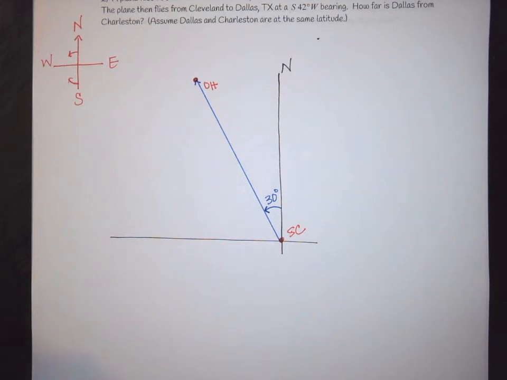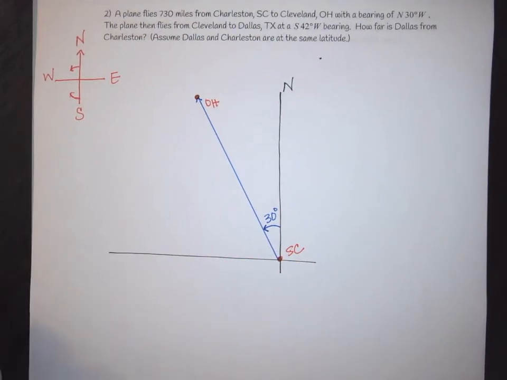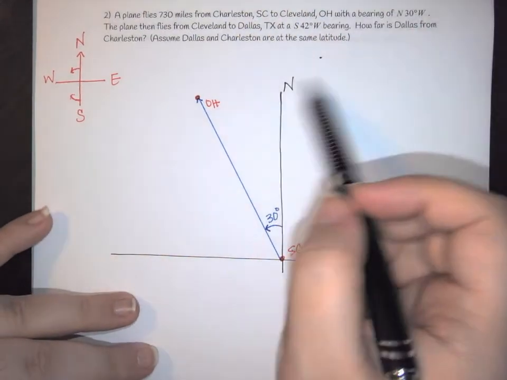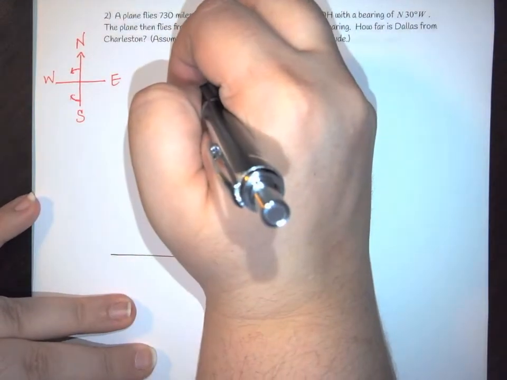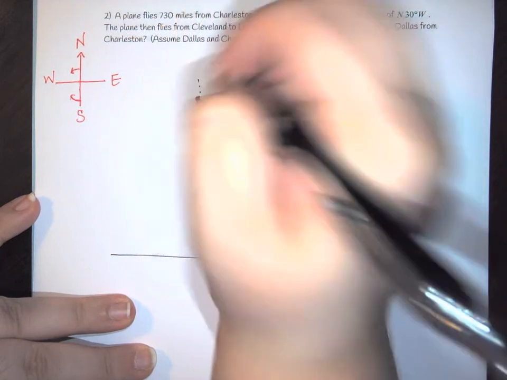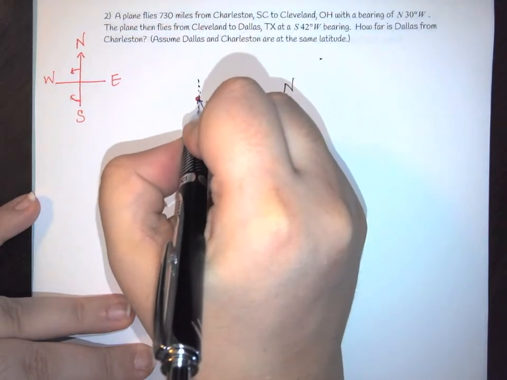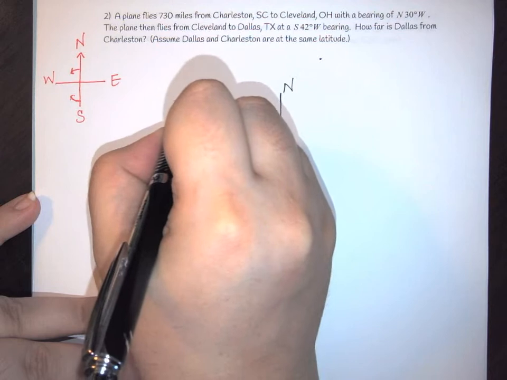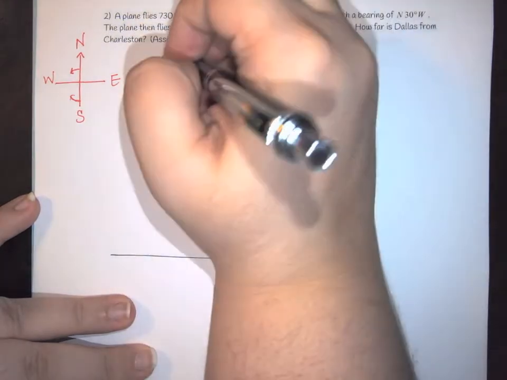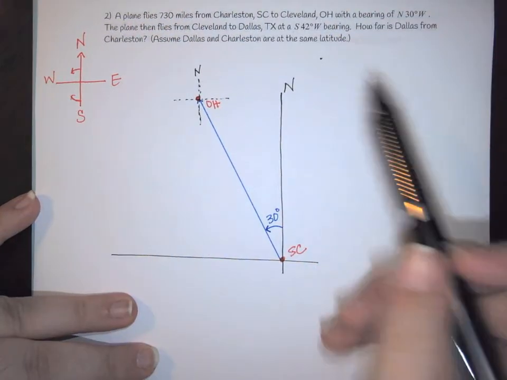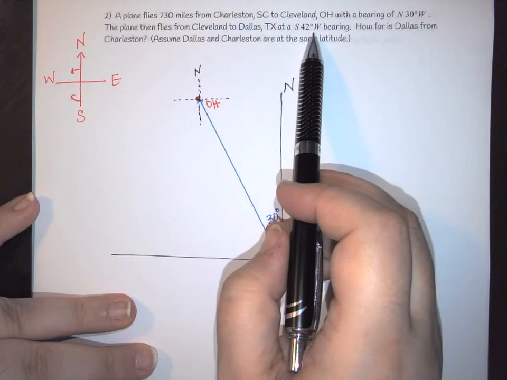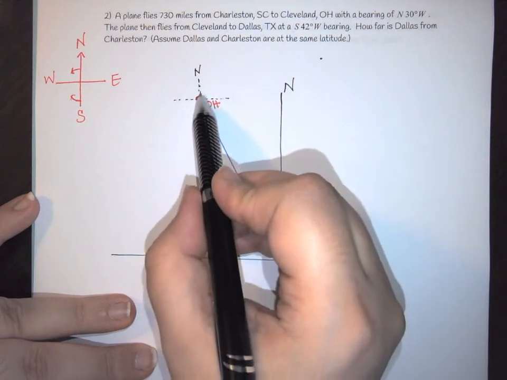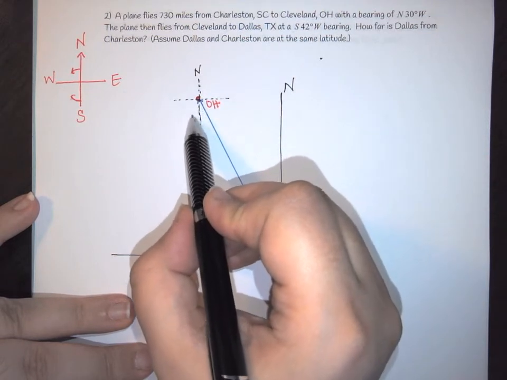Now, the other thing we know is that our little plane is going to turn around. One of the things that I like to do when we turn around is drop in a new compass line, and it's going to sit right here at my point. Again, remember this is north, and I'm going to go south 42 degrees west. So from my south side, I'm going 42 degrees this way.